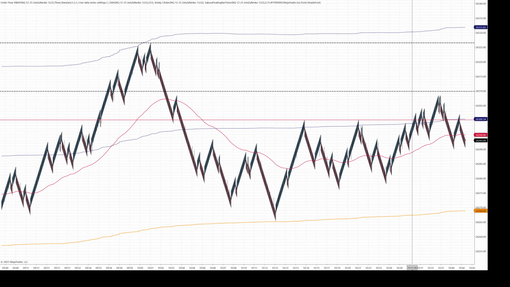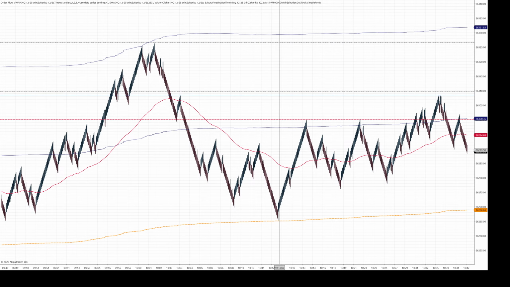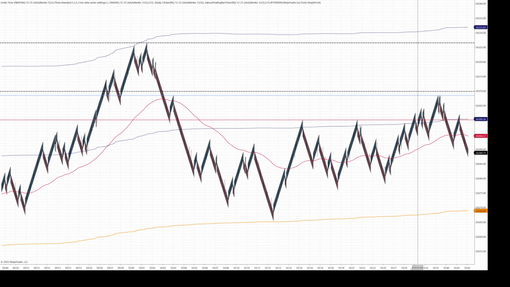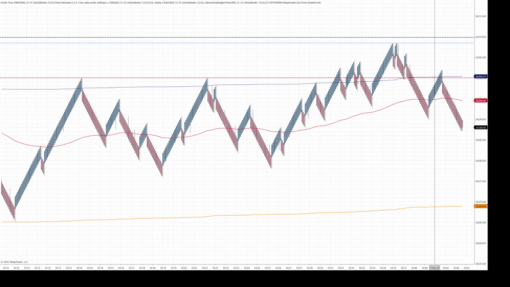Zooming out to see if there's anything else that we might have missed. So we'll keep this level in check. At this point, our bias is now back to being bearish.